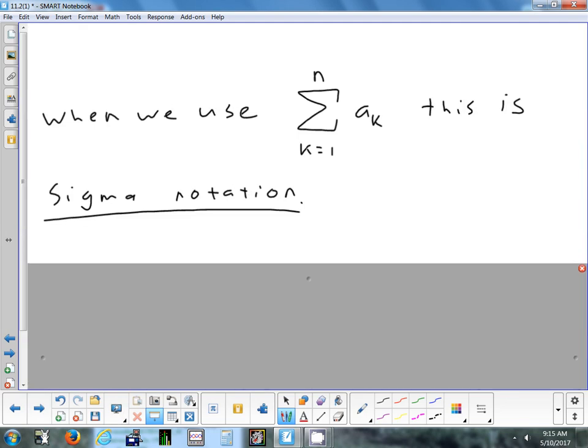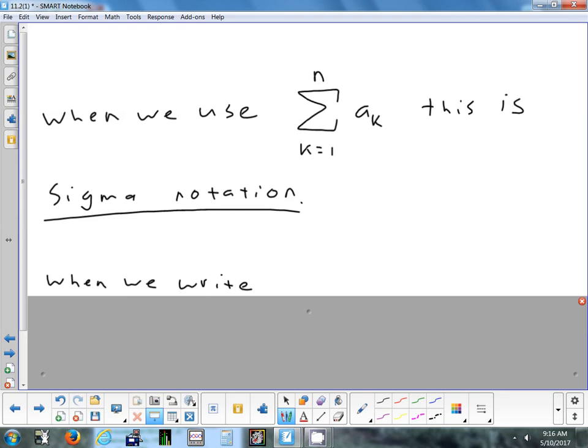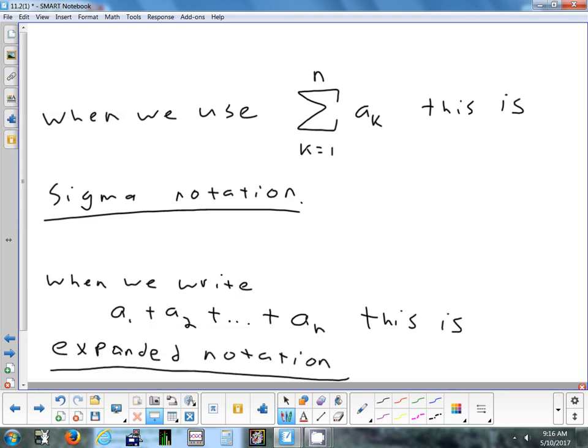When you use this symbol, I think you already wrote this on the other page, that symbol is called sigma notation. I'm just writing that because I'm going to compare it to doing this. That's called expanded notation. So sigma notation uses the Greek letter. Expanded notation is when you write the whole thing out.